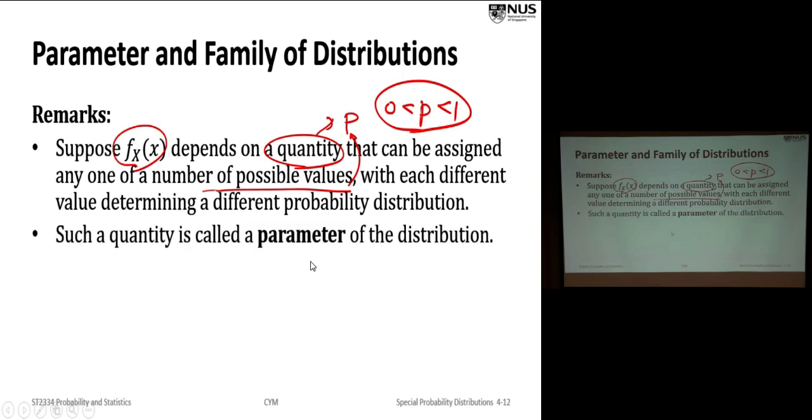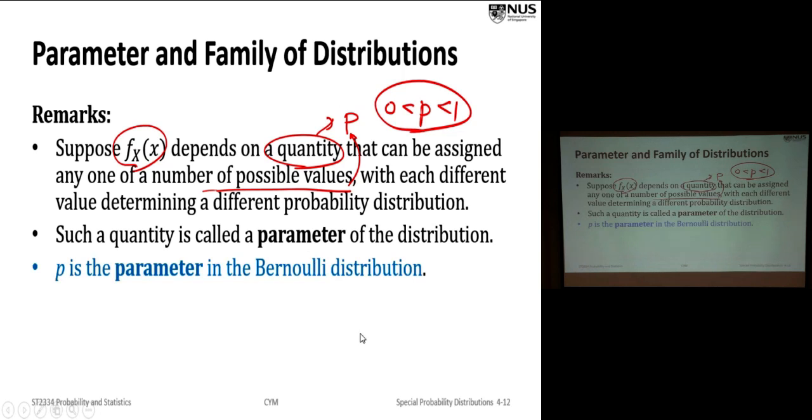All right, and this quantity is called a parameter. So later on, when we talk about various families of distributions, you have to be aware of what the parameters are. So for the Bernoulli distribution, there's only one, the p. But later on, when we talk about the binomial distribution, there are two parameters.